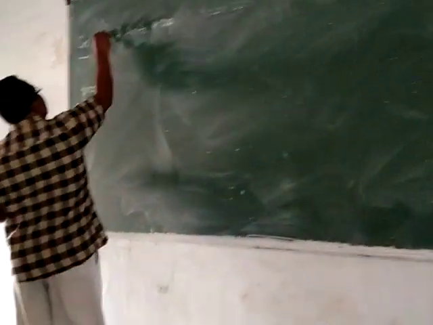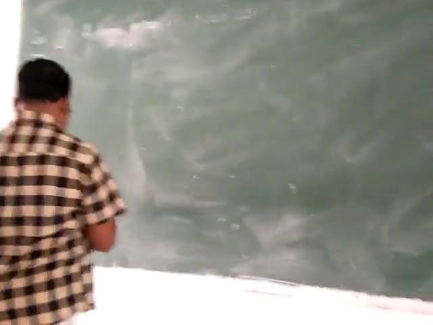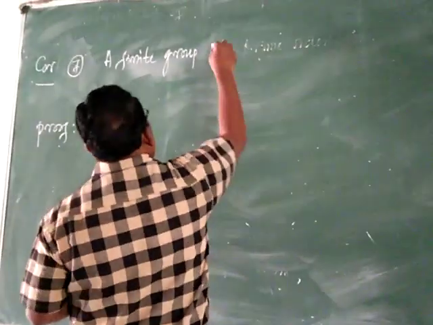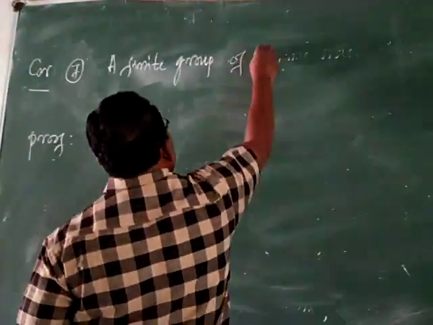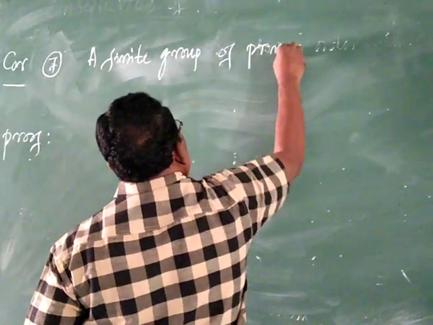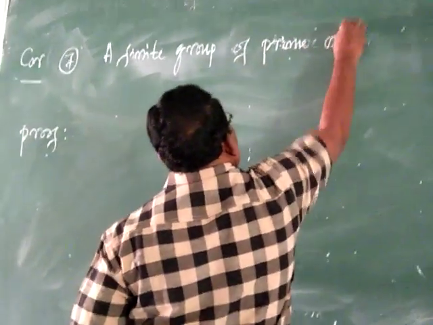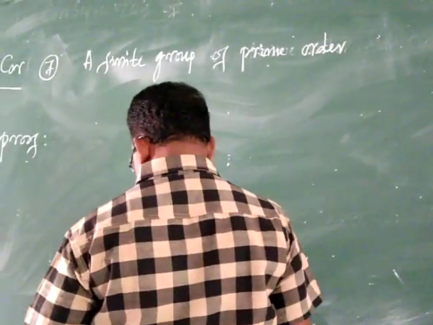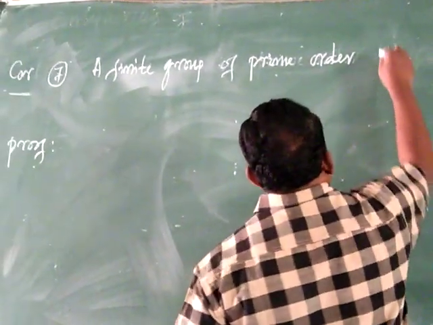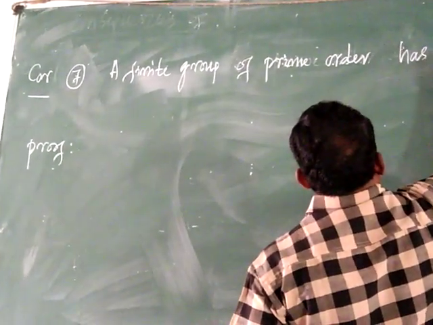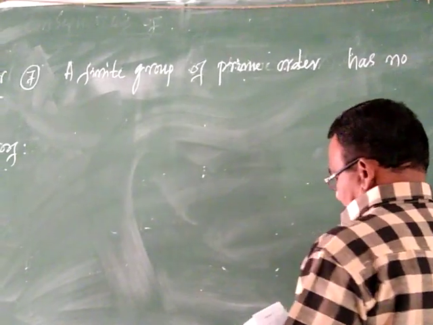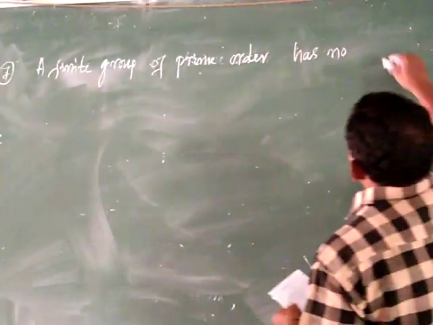Corollary number 7: a finite group of prime order has no proper subgroups.